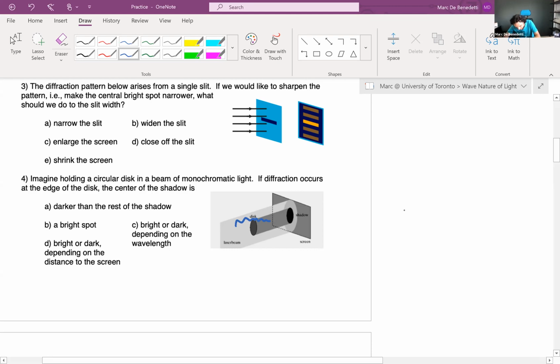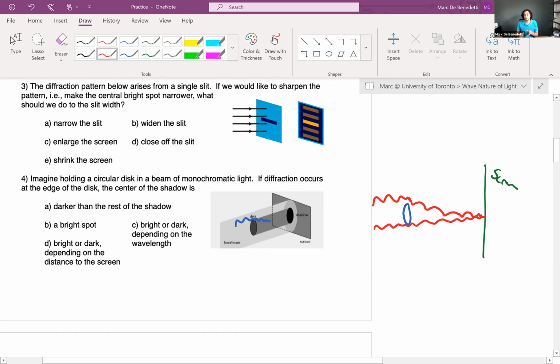Here, if this is the disk, and let's say this is the screen, then if light comes in and bends or diffracts, it'll bend a little bit and hit the screen. And this one from the bottom will bend and hit the screen.